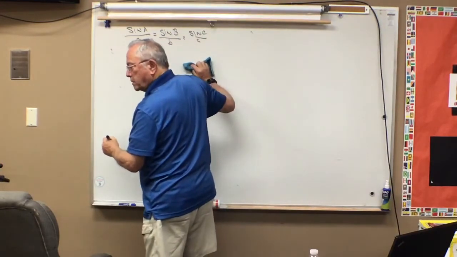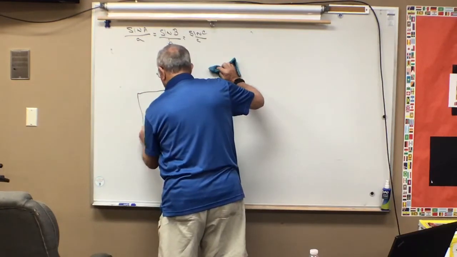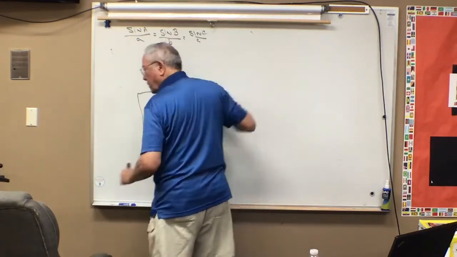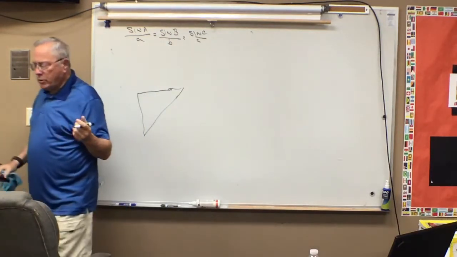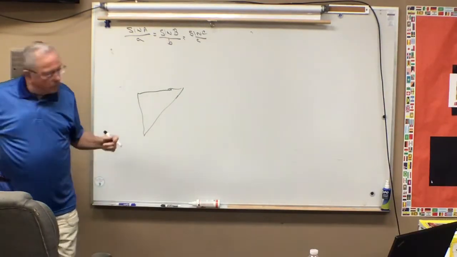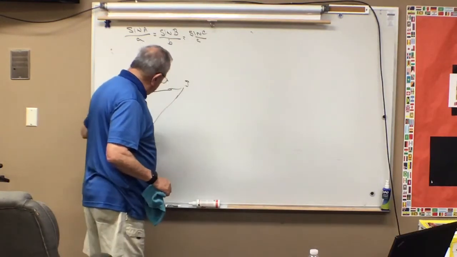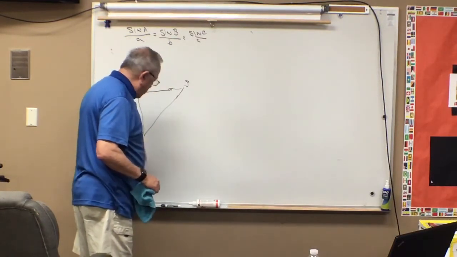Every time you do a problem, make sure you draw the triangle. So we've got QSR. This is Q, this is S, and this is R.